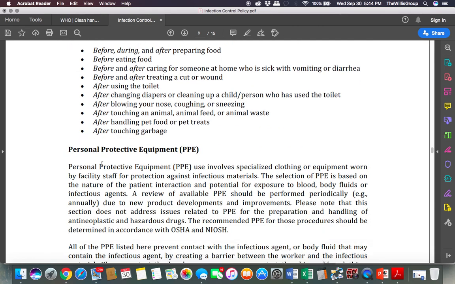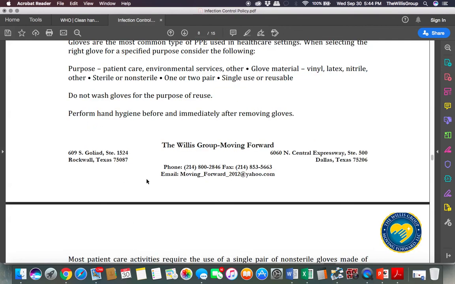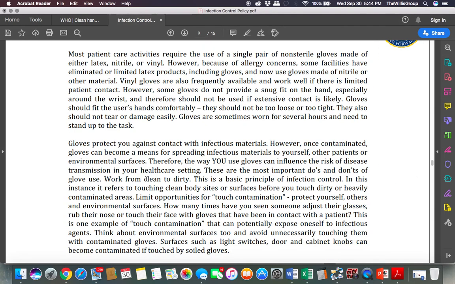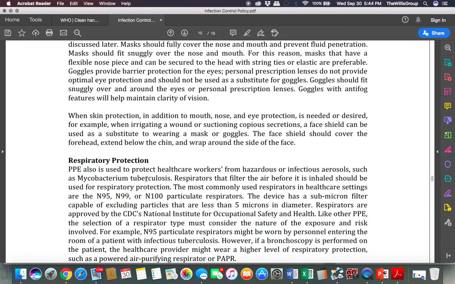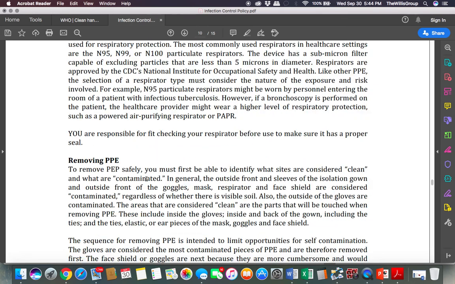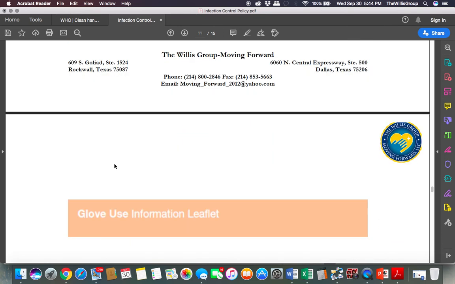We've also talked about personal protective equipment, also known as PPE: gloves, gowns, those types of things, as well as face protection and respiratory protection. And then we talked about how to remove our PPE with visuals.